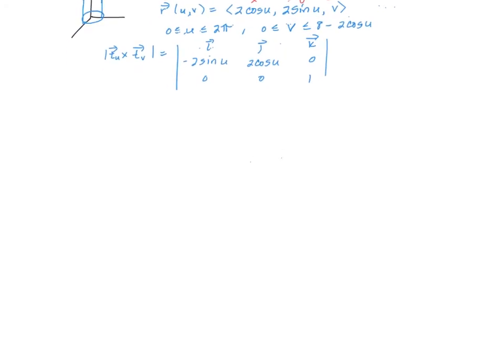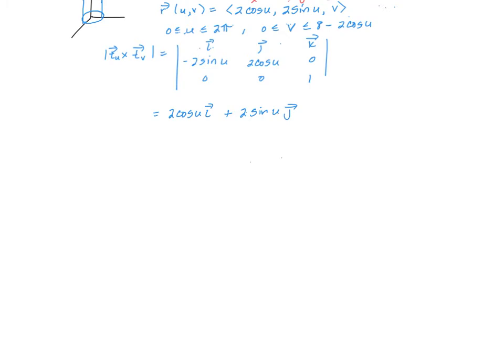The last example was horrible. Let's see, we have 2 cosine u i. Then the next one should be minus and negative, so plus 2 sine u j. And then 0 k.